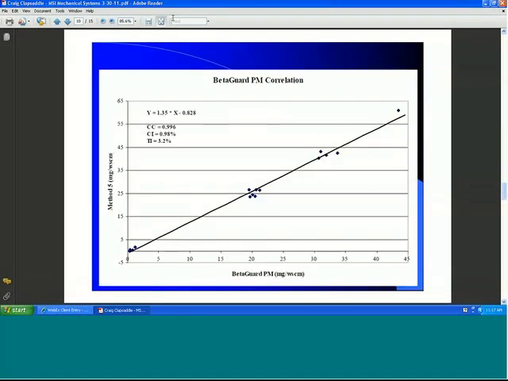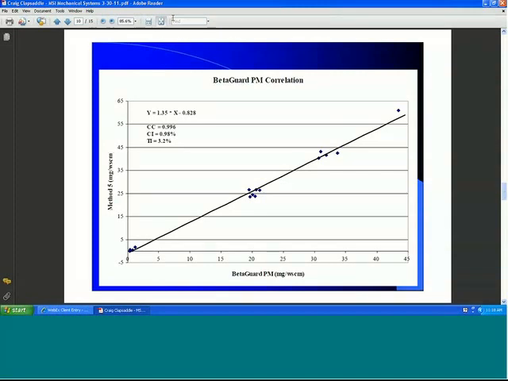Next slide. And this is just another installation. You can see the groupings of the particulate that we generated. We got data down near the 0 by pulling the probe out of the stack. We had our second grouping right around 20 milligrams reading on the BetaGuard. That was normal operation.